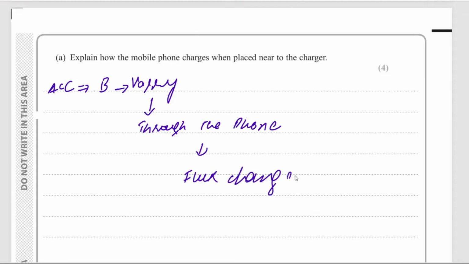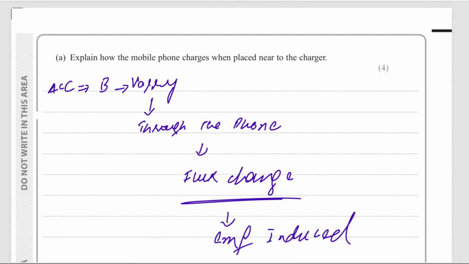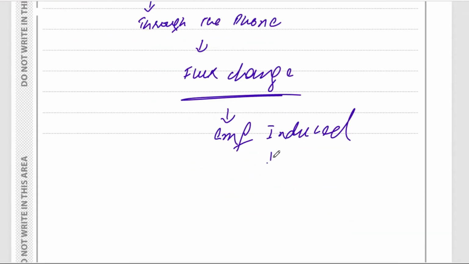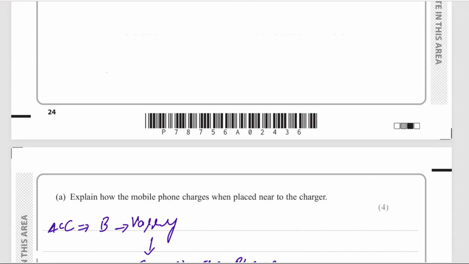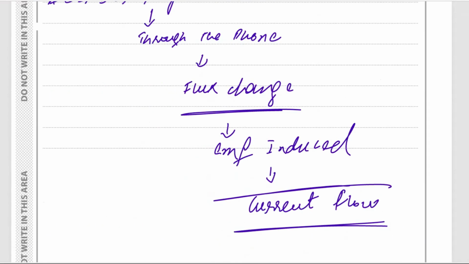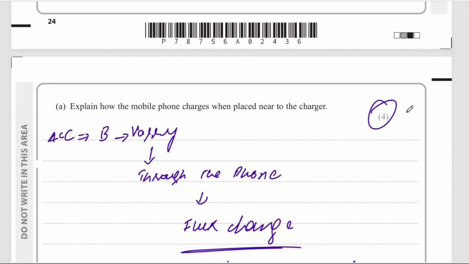And remember that whenever magnetic flux changes, an EMF is induced, right? And when the EMF is induced, what does that mean? That the current would start flowing through the mobile phone, and the mobile phone would get charged, right? So these are the things that you need to remember. I've given you all the 4 points for a 4 marker. You just need to write them down casually.